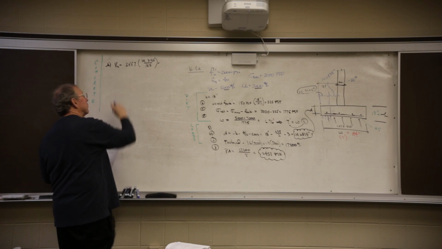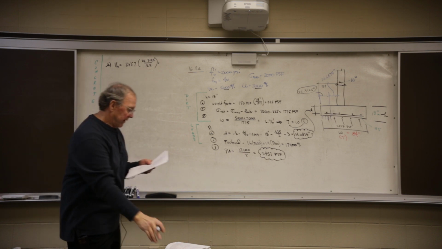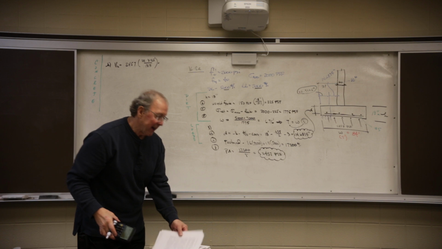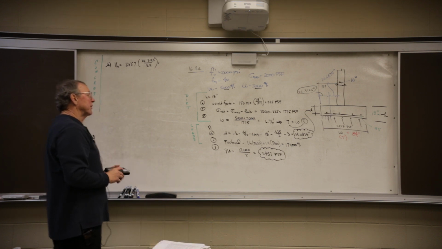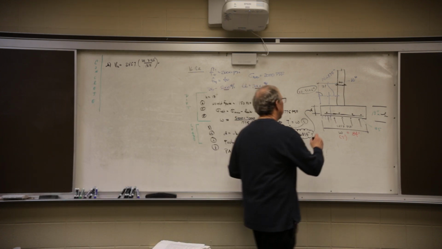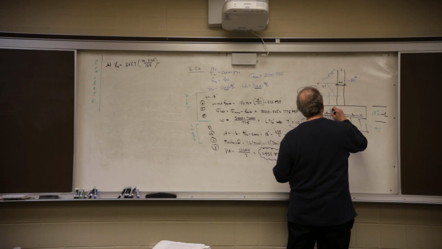Why? Because that's pounds per square foot. If I take that and multiply it, I have a number that tells me what the shear force right along this plane is.